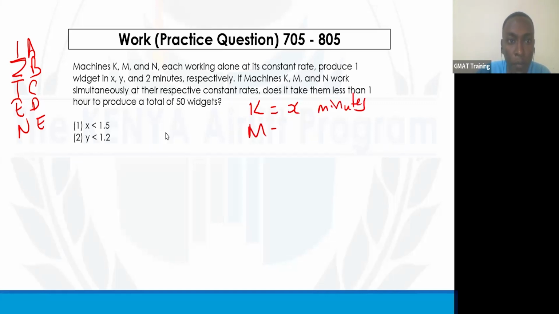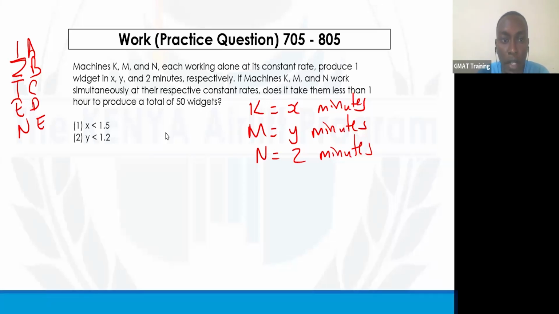We have M that produces in Y minutes. And we have N that produces in 2 minutes. So if machines K, M, and N work simultaneously at the respective constant rates, does it take them less than 1 hour to produce a total of 50 widgets? Is it a confident yes or no?